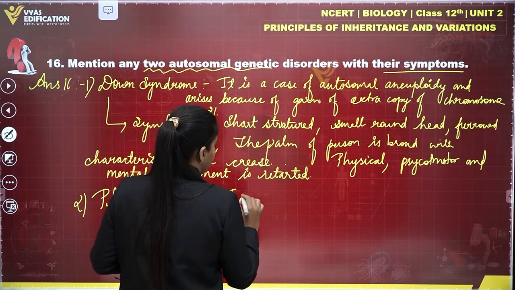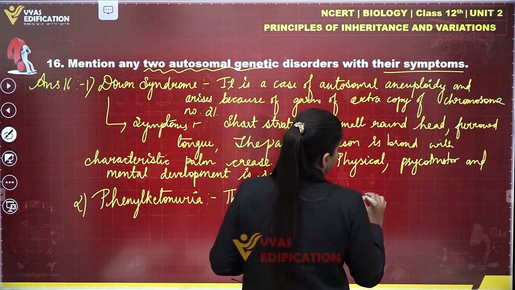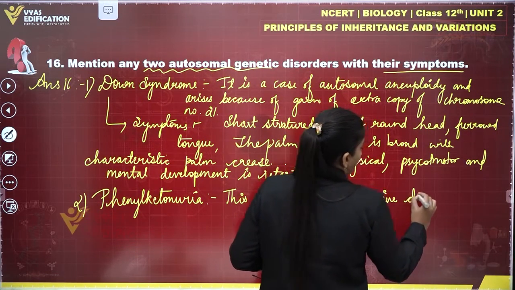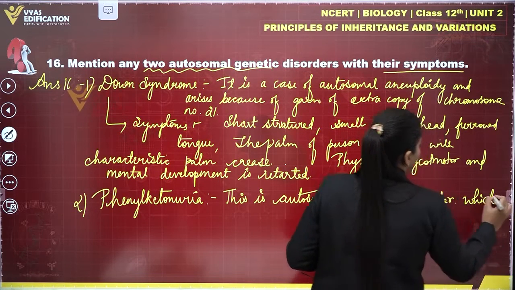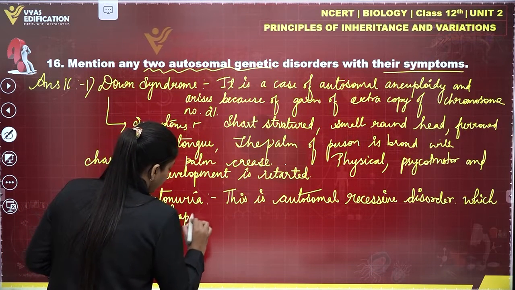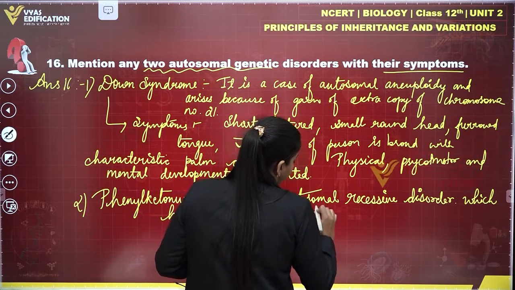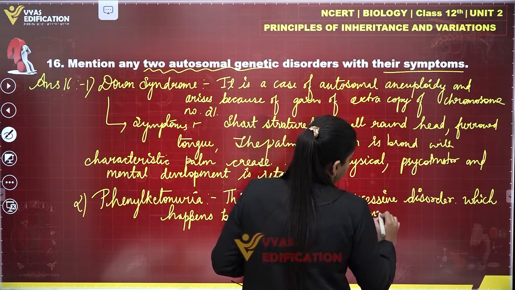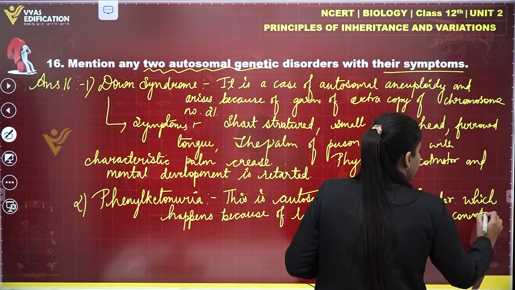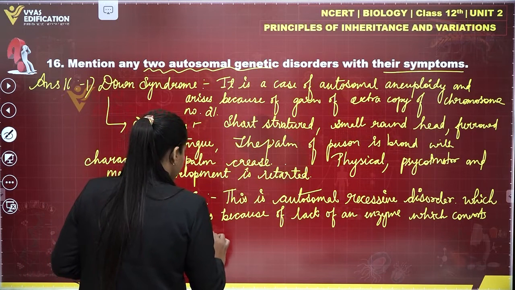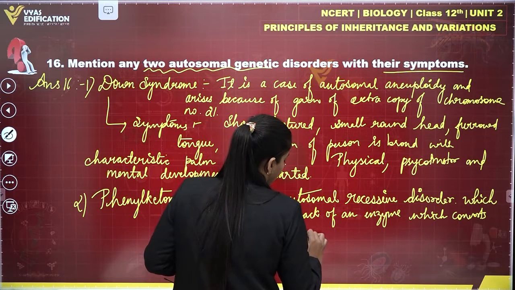First of all, this is an autosomal recessive disorder which happens because of lack of an enzyme which converts phenylalanine into tyrosine.